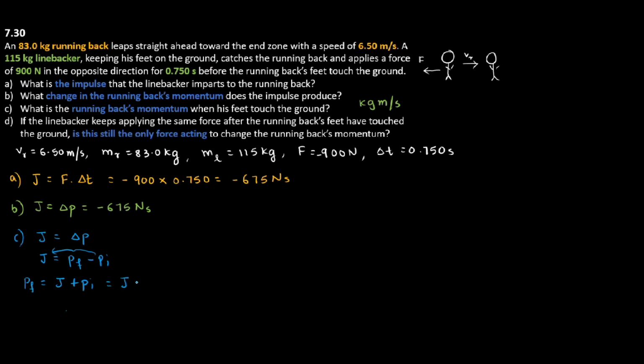P initial can be written as mass times the initial velocity of the running back. So let's substitute. We already know the impulse, negative 675. Mass of the running back is 83 and his velocity is 6.50. And when you calculate this, you get the final momentum of the running back as negative 135.5 kg meter per second.